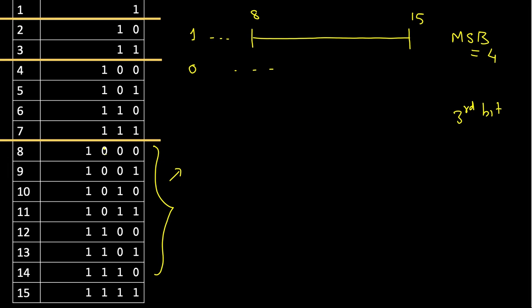You will notice that the first half is 0, the next half is 1. So we can draw it as first half 0, next half 1. It still denotes the same range, 8 to 15, but this was the graph of the 4th bit. This is the graph of the 3rd bit.